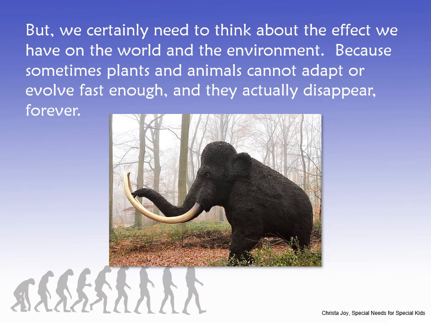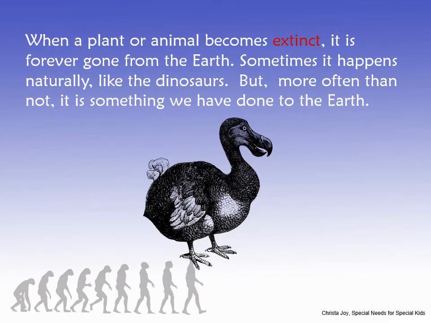But we certainly need to think about the effect we have on the world and the environment, because sometimes plants and animals cannot adapt or evolve fast enough, and they actually disappear forever. When a plant or animal becomes extinct, it is forever gone from the earth.